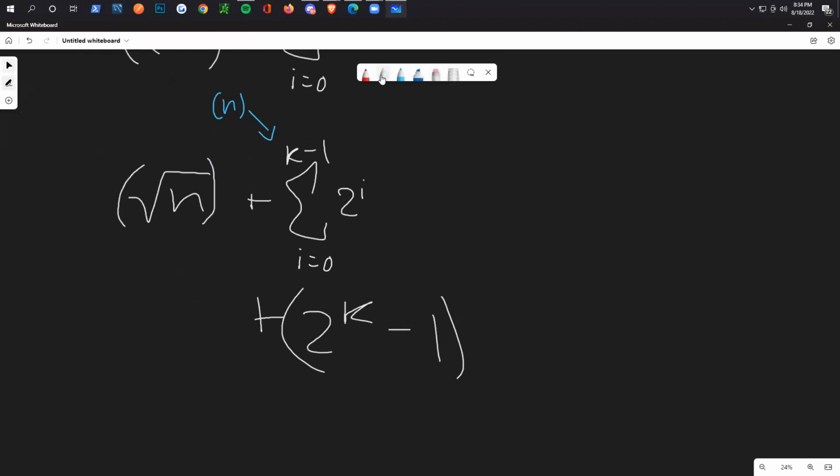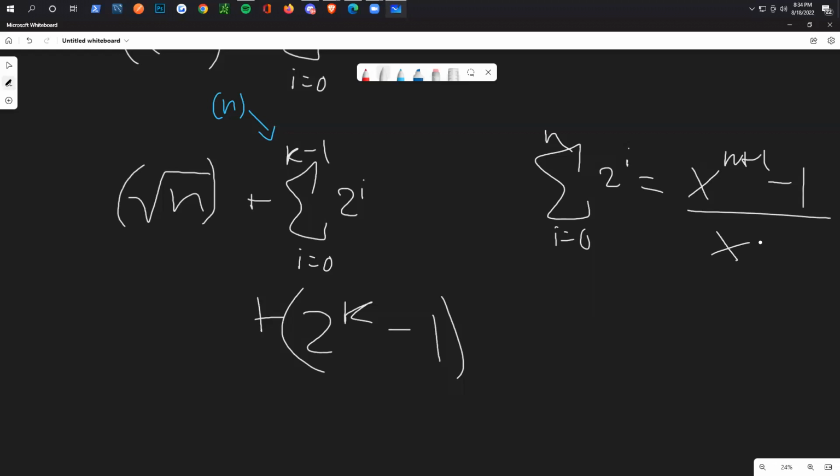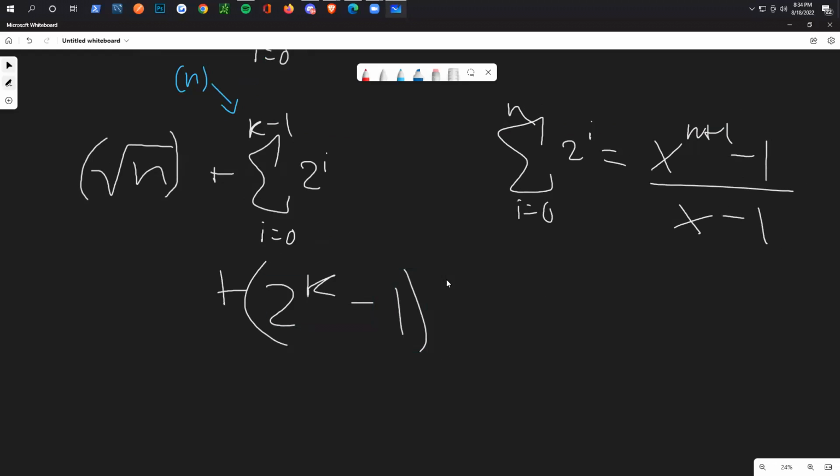Or you can solve it with the common formula, the formula that I told you guys about. So the formula again is this right here. We can use that as well, and we'll end up with the same answer. So you can just plug it in, get the same thing.